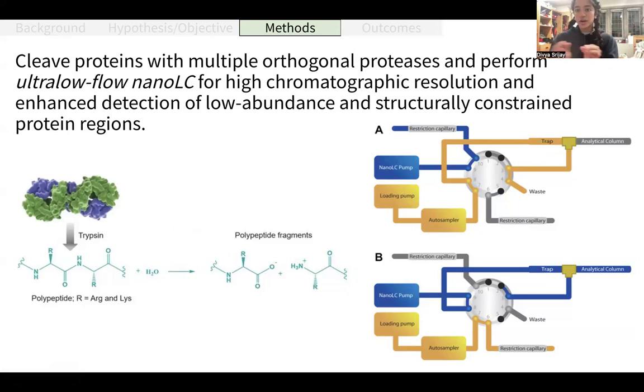So we'll aliquot parts of the sample and cleave them with different proteases so we can avoid structural constraints, as well as achieve a more comprehensive and holistic picture of a fragmented protein, and avoid the implications of using a single protease, which might be sterically hindered because of the structure of a protein. We'll also use ultra low flow nano LC with very low flow rates to sharpen our peaks and increase the separation efficiency and resolution of our chromatogram.